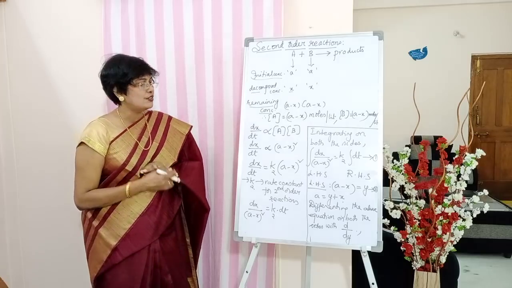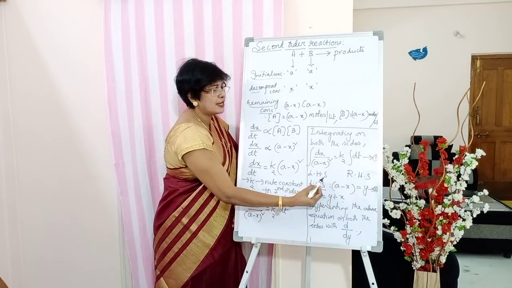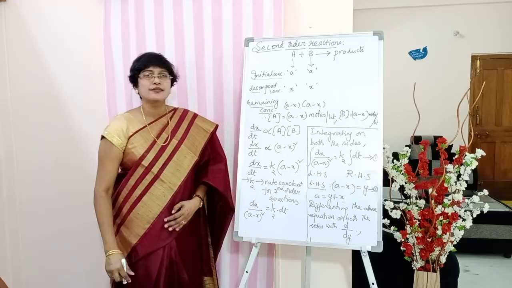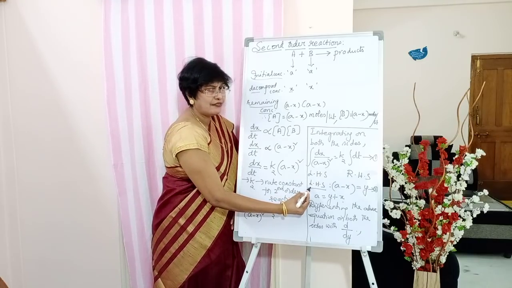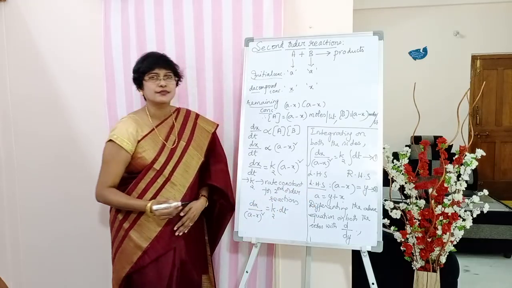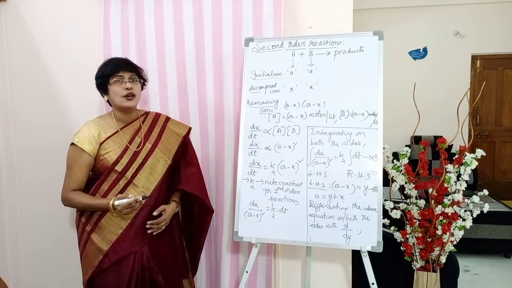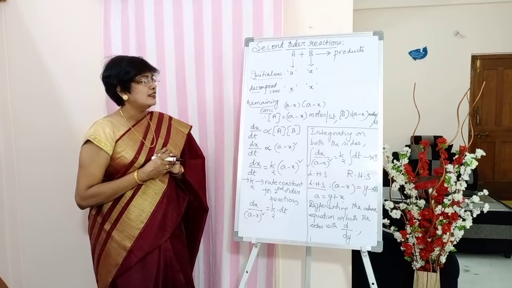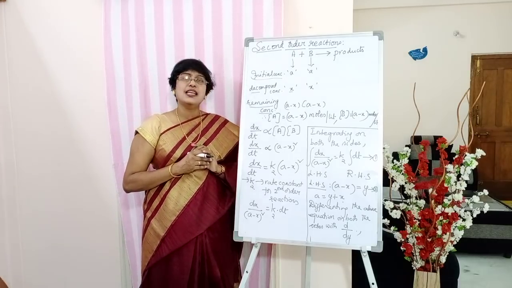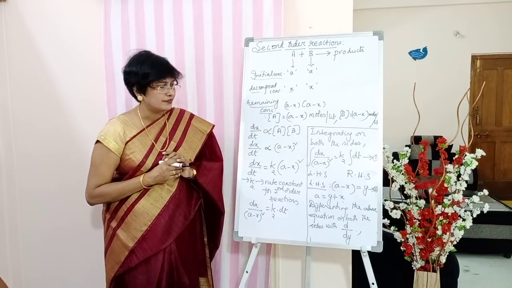So first, just mention below: left hand side portion, right hand side portion. First we are doing the left hand side portion. What is there on the left hand side? We have integral dx by (a minus x) whole square.